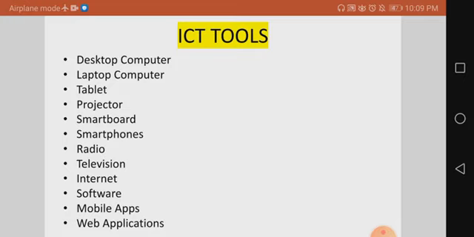The first tool is the desktop computer. When we use ICT, information and communication technologies, computers and the internet play a very vital role in establishing ICT in our homes, workplaces, schools, everywhere.